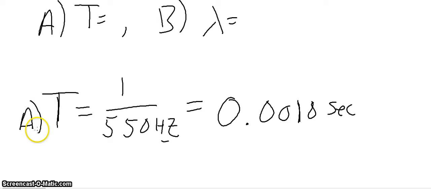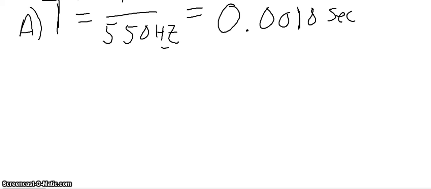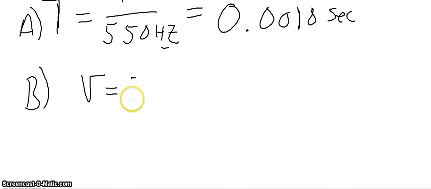All right, let's work on part B. So for part B, again we have the speed of the wave is 344 meters per second.